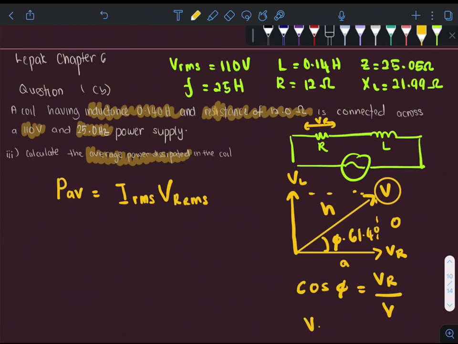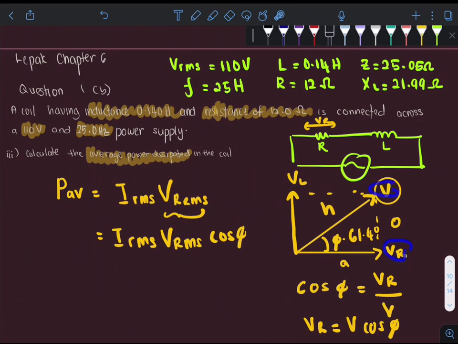So when we rearrange, we get V across resistor is basically the VRMS, V total, times cos phi. So the voltage across the resistor can be substituted as V RMS cos phi. The V here are all the root mean square voltage. It's just that we are not writing them here to make things simpler.